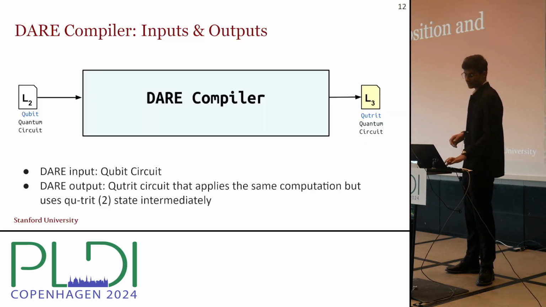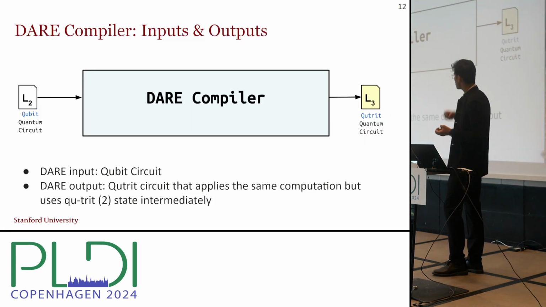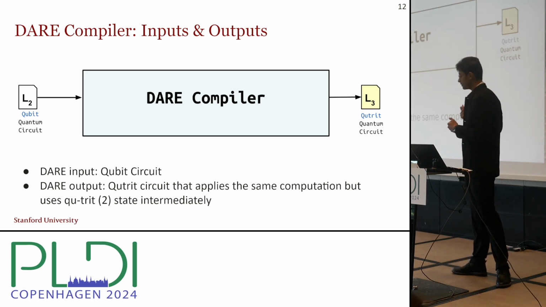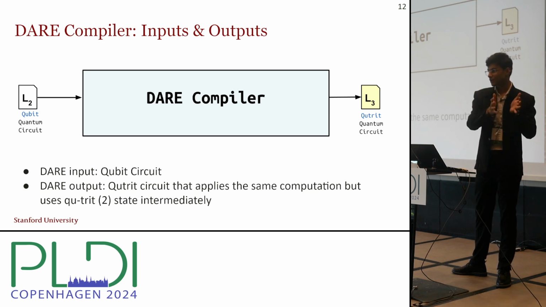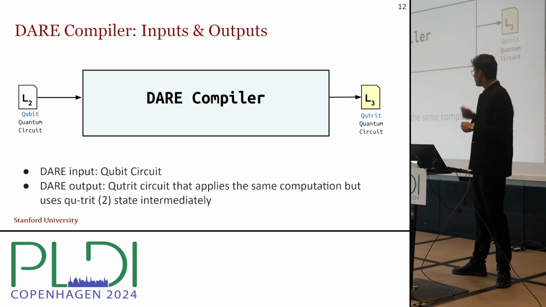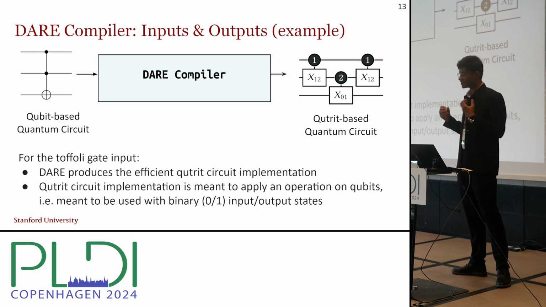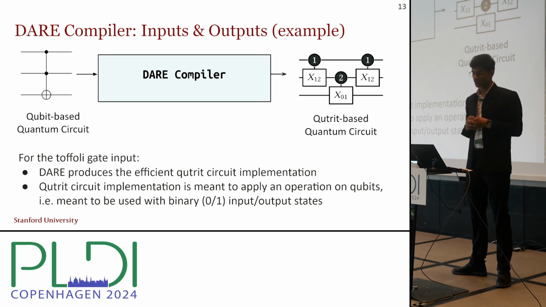That's where DARE comes in. DARE starts off with a qubit computation and optimizes it by converting it into a qutrit circuit that applies the same qubit transformation that you wanted earlier, but using the qutrit states intermediately. For the logical Toffoli example, in this case, DARE will generate the efficient qutrit Toffoli that you saw before.